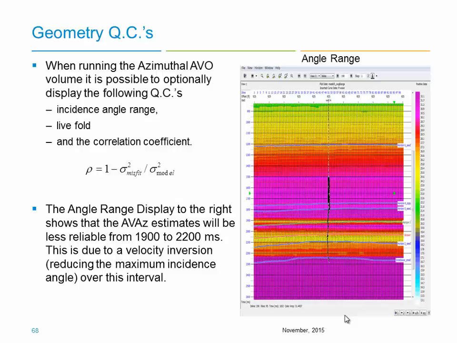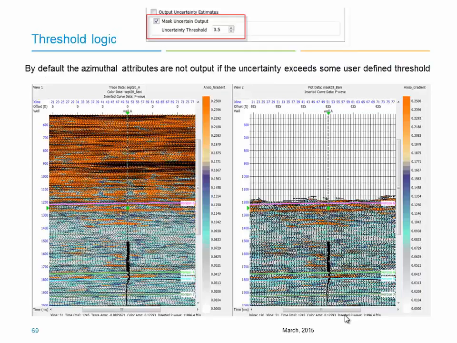We can display the live fold. That tells you something about the signal to noise, and also the correlation coefficient. It tells you something about the data misfit and how good the data misfit is. One thing we've done with this last version is we've put the ability to mask uncertain output. So based on uncertainty estimates, we can exclude, or we will not output data that's relatively uncertain.